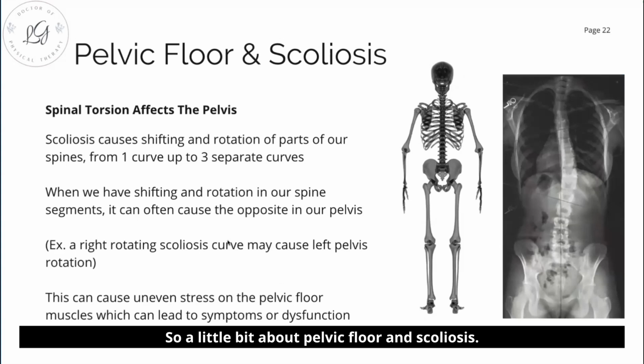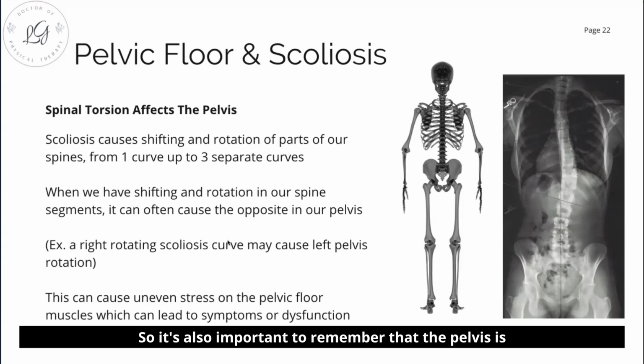So a little bit about pelvic floor and scoliosis. Again, there's not a lot of research on how scoliosis impacts the pelvic floor, but we can just think about how the torsion of the spine is impacting the pelvis. Due to the limited amount of time that I have, I'll avoid the complexity of the topic and just defer to that statement, but just knowing that because we have the scoliosis, which is causing shifting and rotation of parts of our spines from one curve up to 3 separate curves, we can imagine how it might cause compensations within the pelvic region.